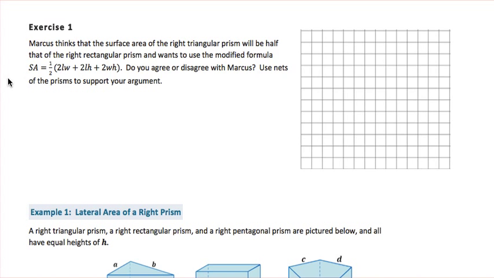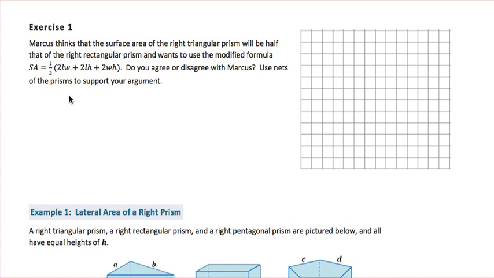Now the formula for surface area of a rectangular prism: we have 2 front rectangles, 2 top, bottom rectangles, and 2 side rectangles.